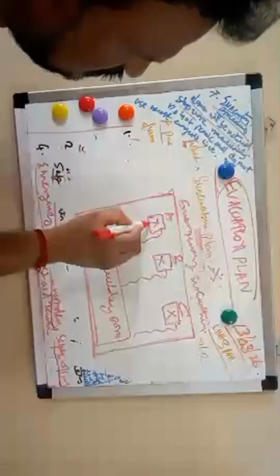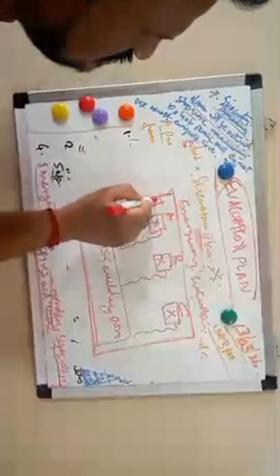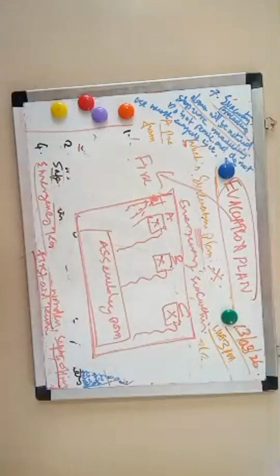Once the fire alarm is there in this industry, it starts to ring. Continuous ringing means there is a fire already, and the evacuation plan is already instructed.